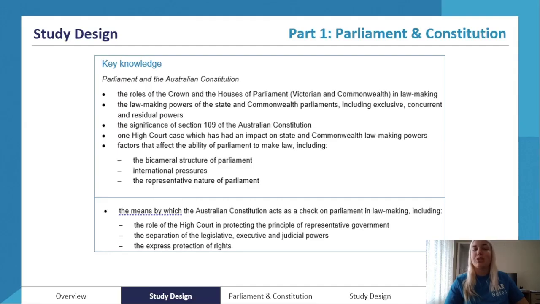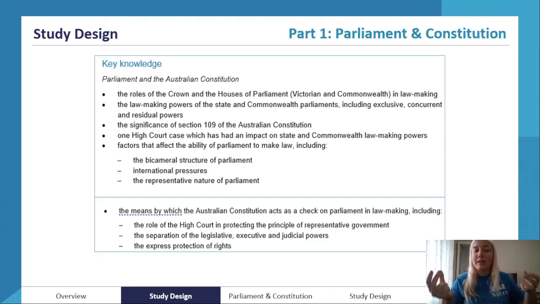You also need to know one High Court case which has had an impact on state and Commonwealth lawmaking powers. What that basically means is, due to a High Court interpretation, where both the state and Commonwealth were parties in that actual case, you need to be able to discuss a case and explain whether the state or the Commonwealth lawmaking powers expanded or reduced.